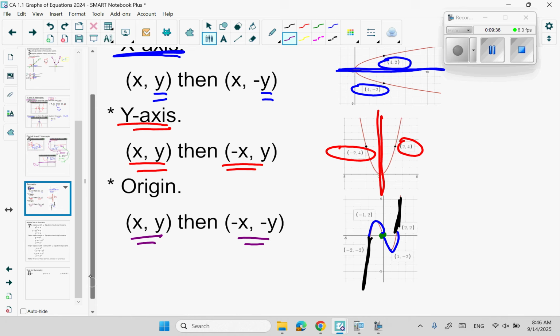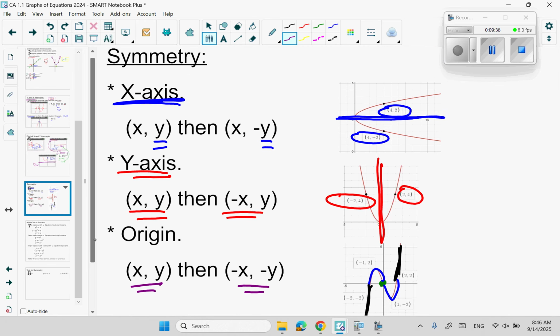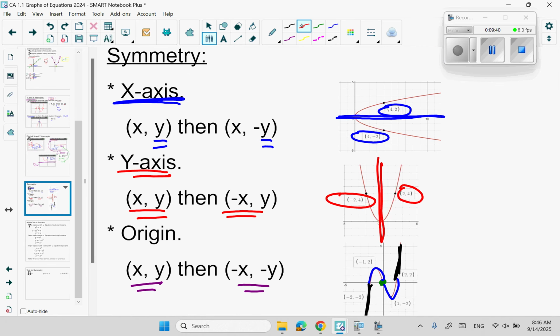Well, what are some easy equations that we could recognize this happening? Well, let's start with the y-axis one, because this one looks very similar. That'd be like y equals x squared. And conceptually speaking, it should make sense that the polarity of x doesn't really matter.